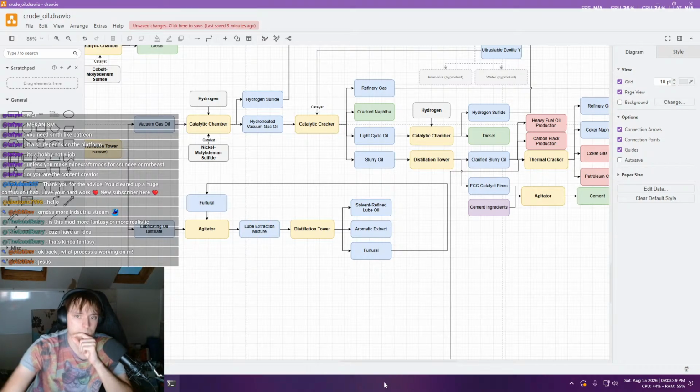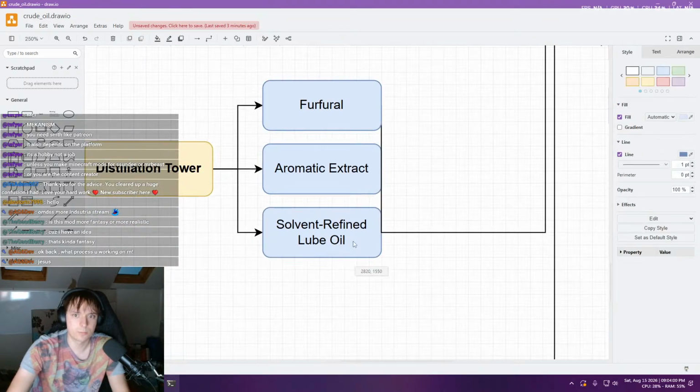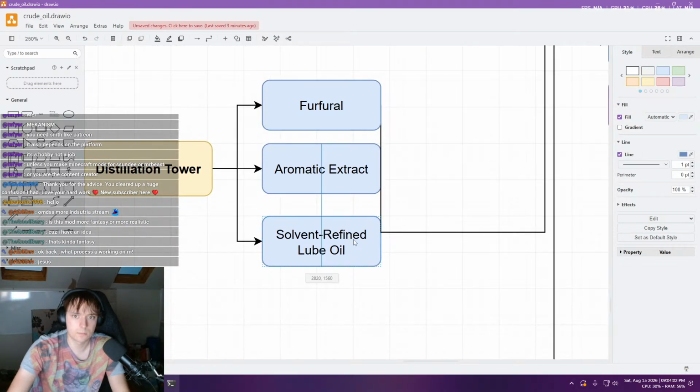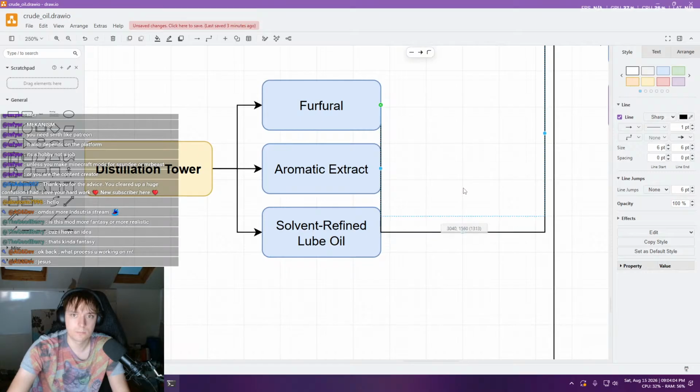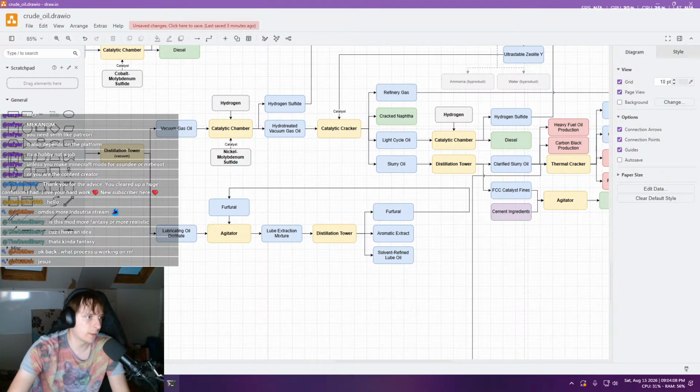Now I'm going to swap these around, because otherwise we're going to have bigger problems. And said problems are that the solvent refined lube oil is a bit more complicated.